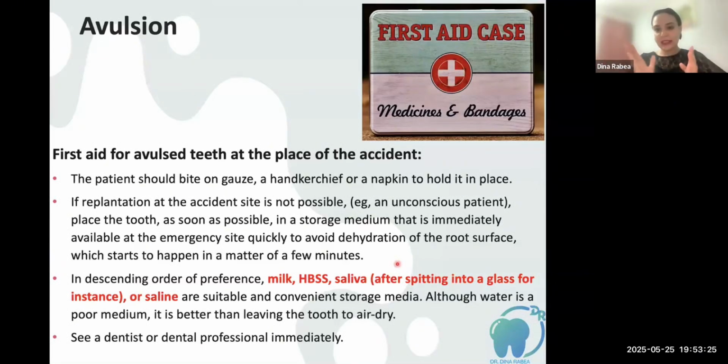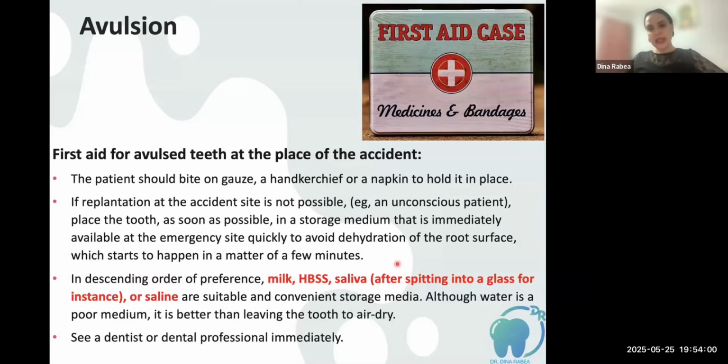The best media is skimmed milk, according to the guidelines of the American Academy of Pediatric Dentistry, followed by Hank's balanced salt solution. Hank's balanced salt solution should be available in first aid kits and pharmacies. If we do not have milk or HBSS, we can use the saliva of the patient, after asking them to keep spitting into a glass cup until the saliva can cover the surface of the tooth.